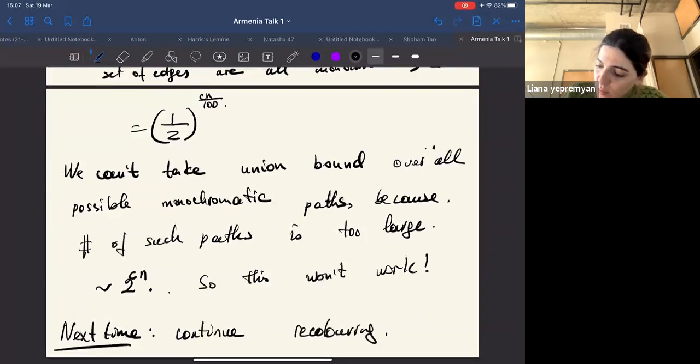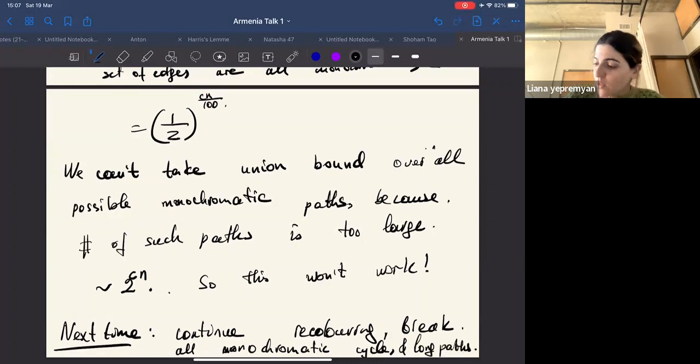And what that will mean is that we'll break or kill all monochromatic cycles and long paths. So how do we avoid having long paths, and how do we get rid of monochromatic cycles?